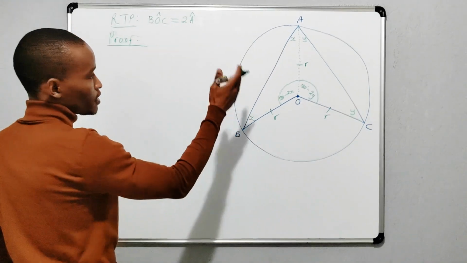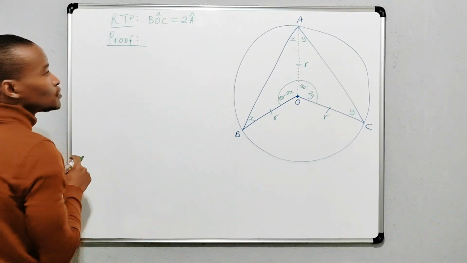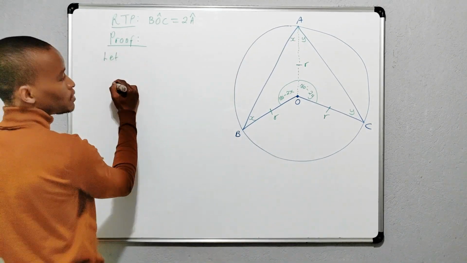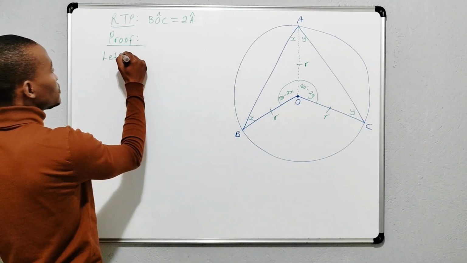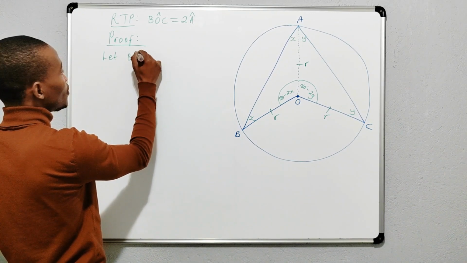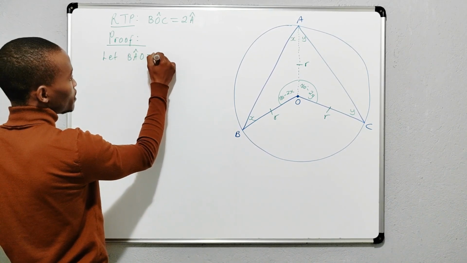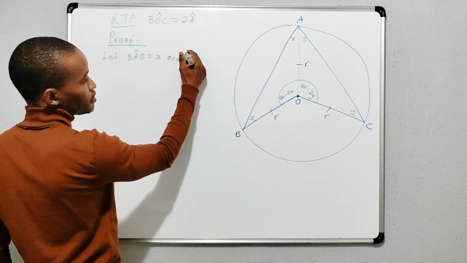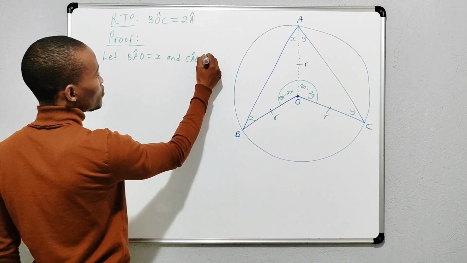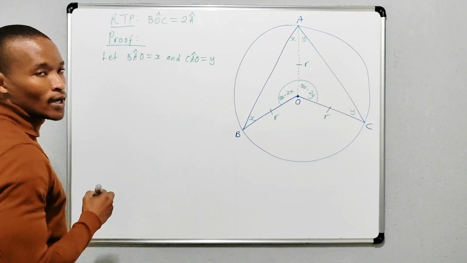Okay, construction is indicated there. We don't have to write it in words. Okay, so we said let angle BAO equal x and angle CAO equal y.